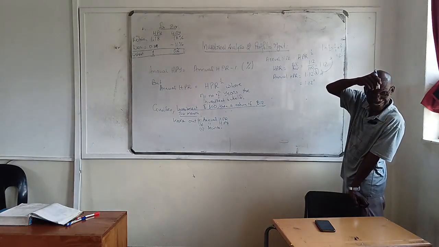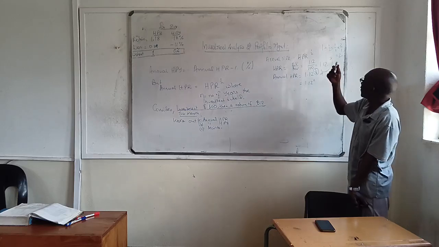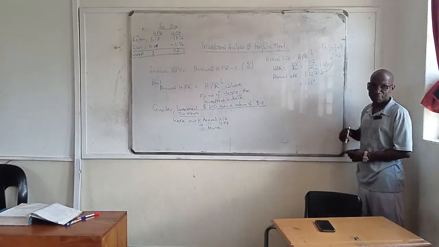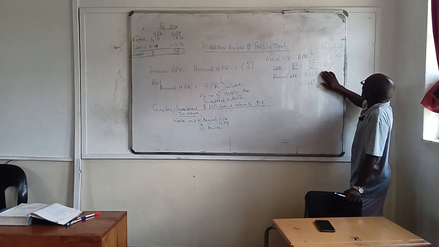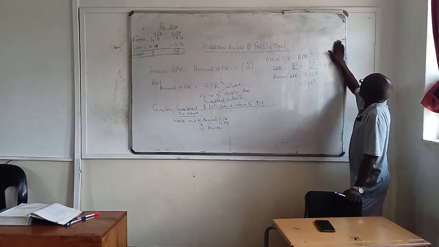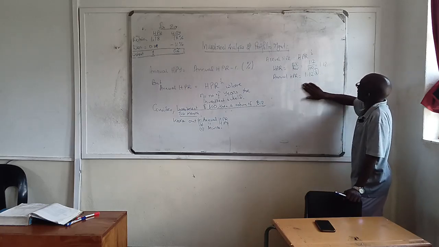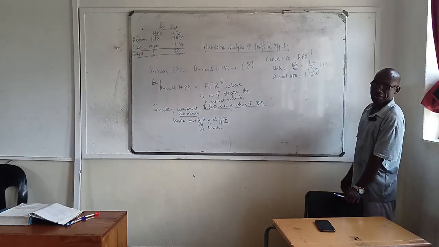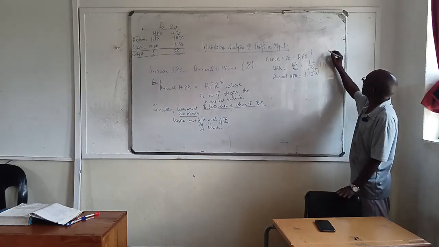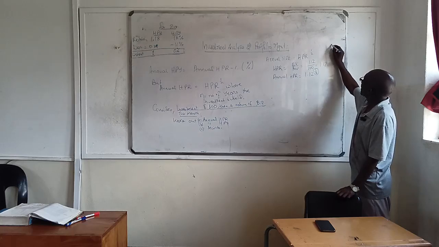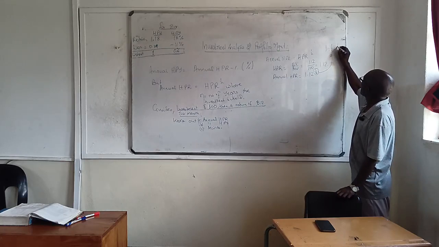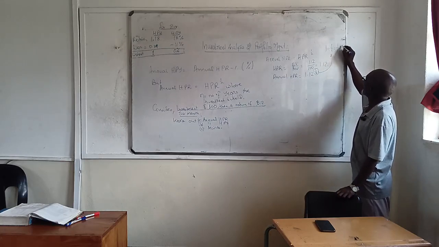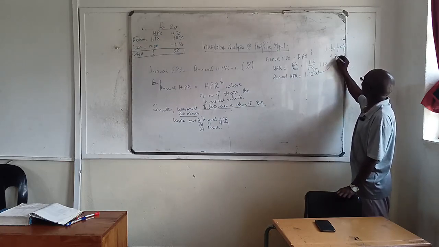Are we together, or are you lost? If you look at this, 1 divided by half is 1 over 1 multiplied by 2 over 1, which is 2.